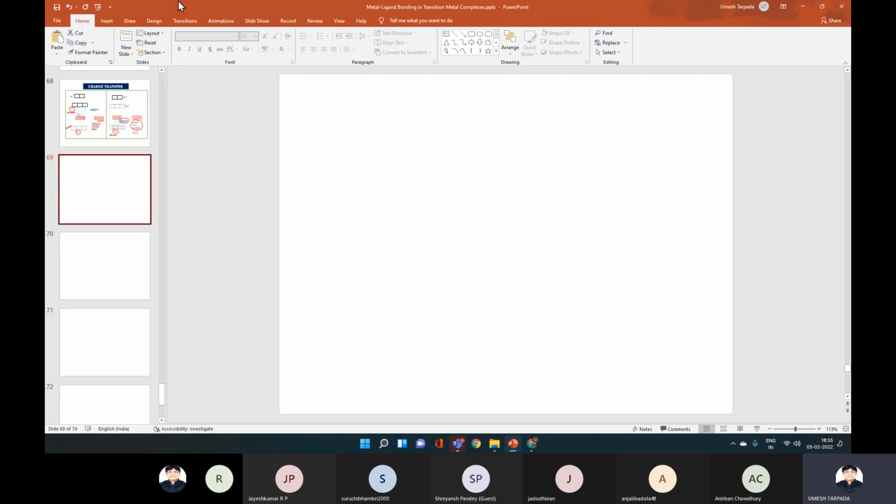So ligand field theory is basically similar to, or it is developed from, the amalgamation of crystal field theory and MOT, the combination of both theories.